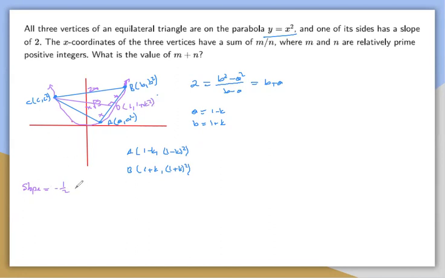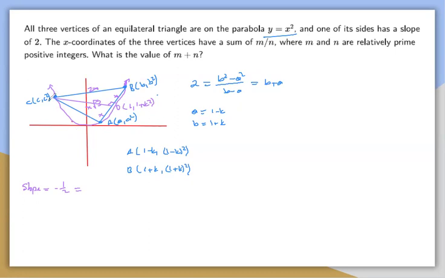So maybe we can use the slope as well, because the slope is -1/2, and I do know I need to find the c. So I may try to connect the k, which is the variable that we got by changing a and b, with c. If we can get two equations in terms of c and k, then we will probably be done. So maybe using the slope is a good idea now as well.